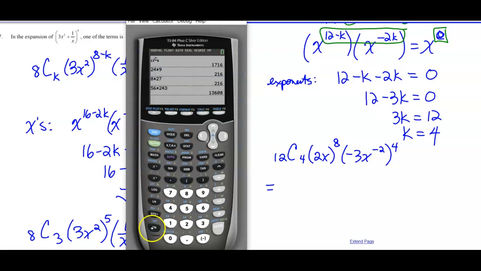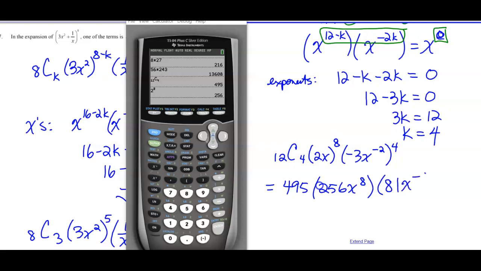So 12 choose 4. Remind me what 2 to the 8 is. 6. Okay, this is how you check.